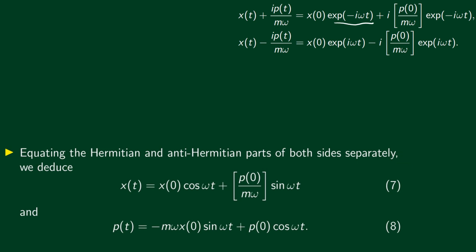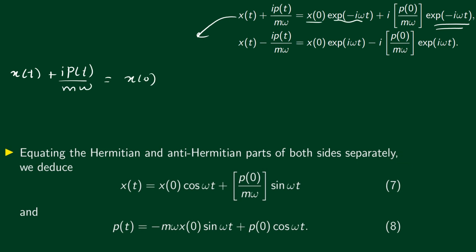For this, we expand exponential minus i omega t here in terms of cosine and sine. We know that exponential minus i omega t is cos omega t minus i sine omega t. So substituting that in here, we get x of t plus i p of t divided by m omega is equal to, here we have x of 0, and this exponential i omega t is cos omega t minus i sin omega t. So it becomes x of 0 cos omega t minus i x of 0 sin omega t.